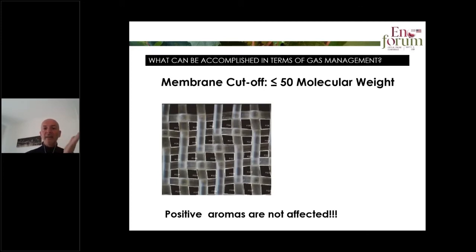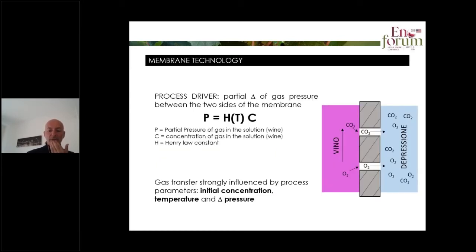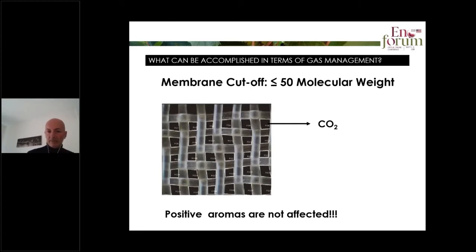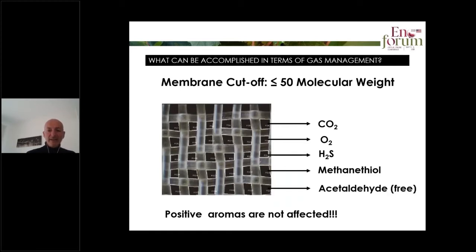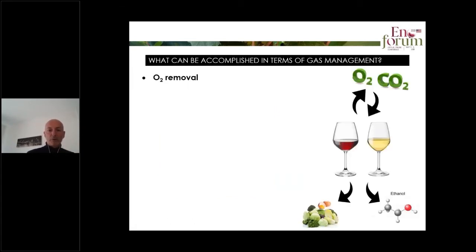These volatile compounds are shown here. Basically, this is what goes through the pores: CO2, oxygen, hydrogen sulfide, methanethiol, and acetaldehyde when it is free, because when it is bound to sulfites, it doesn't go through the pores. And again, positive aromas are not affected, because they cannot go through the pores.